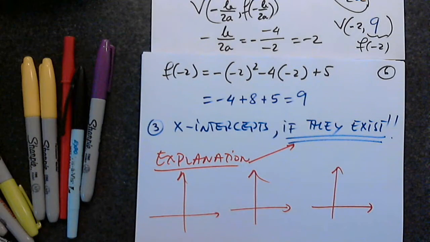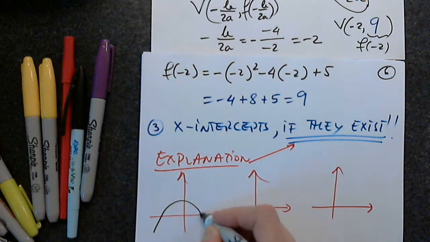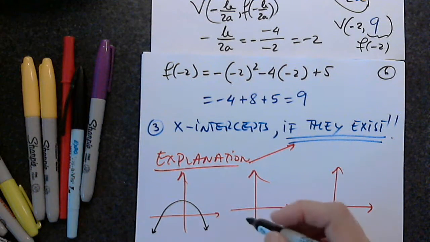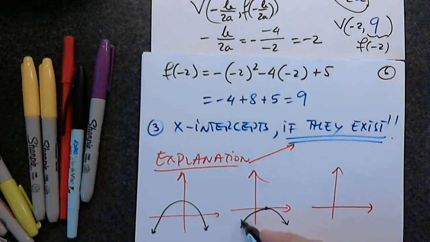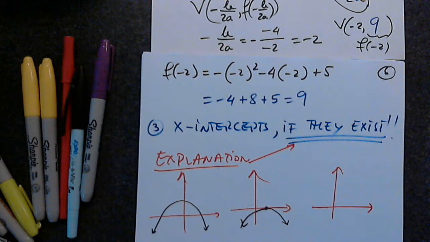A quadratic function with a maximum can do this. How many times does it cross the x-axis? Perfect. It can do this. How many times does it cross or touch the x-axis? Once. Or it can do this.